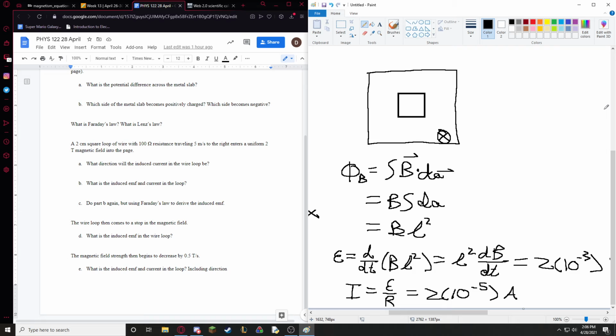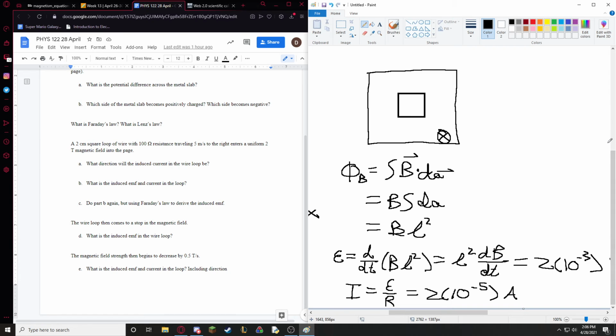Okay. Is our flux increasing or decreasing? Decreasing. Our flux is decreasing because our magnetic field is decreasing.